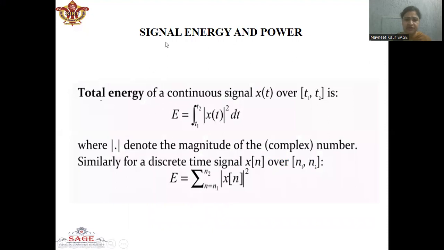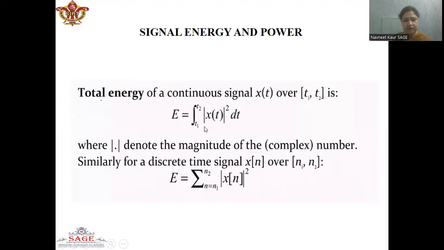Now, coming to energy and power signals. First we should understand what the energy of a continuous and a discrete time signal is. The total energy of a continuous signal is E equal to the integration over the interval t1 to t2 of x of t whole square dt.